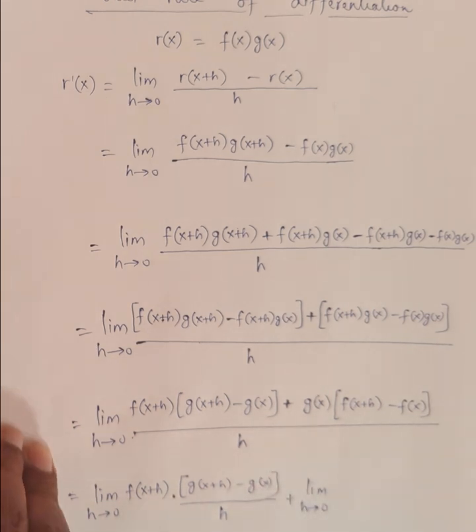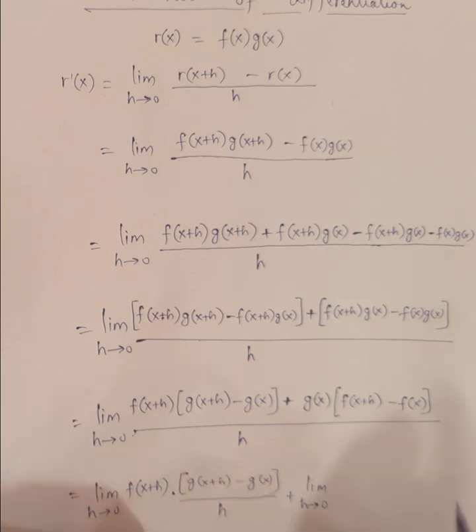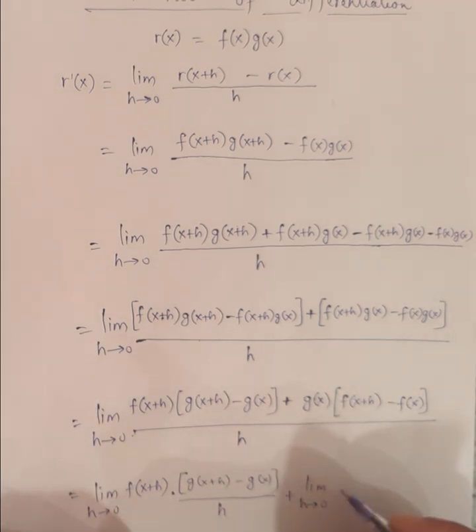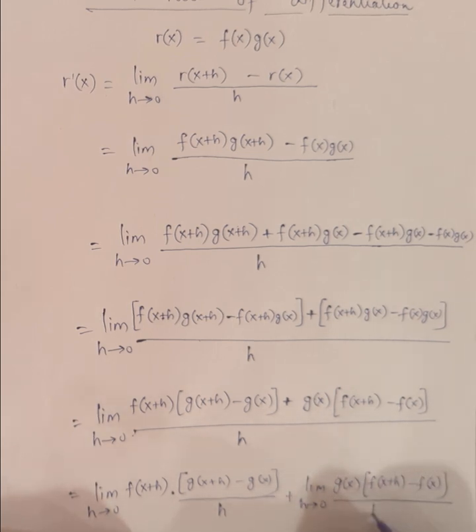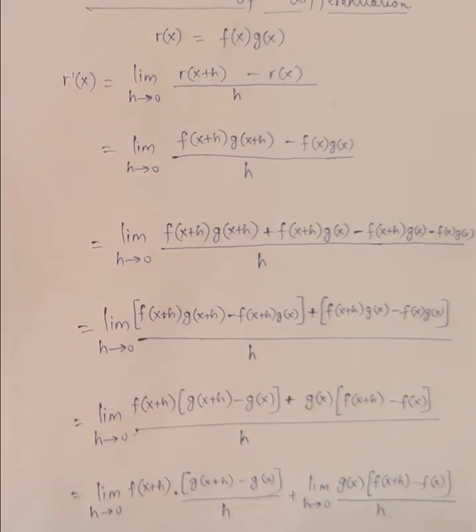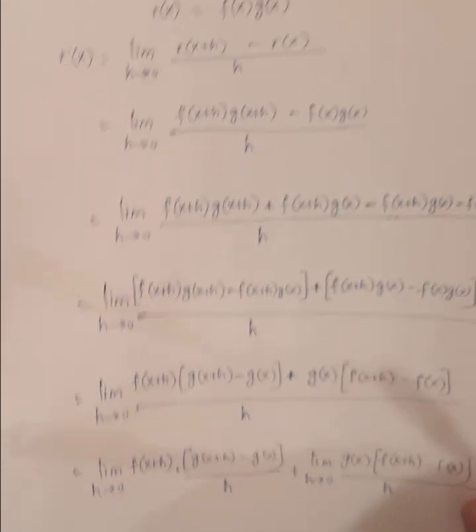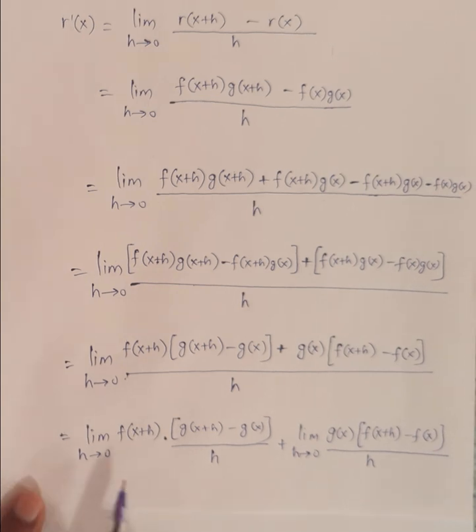So I can write limit h approaches 0, and then it's going to be g of x times f of x plus h minus f of x divided by h. So that's the last line.